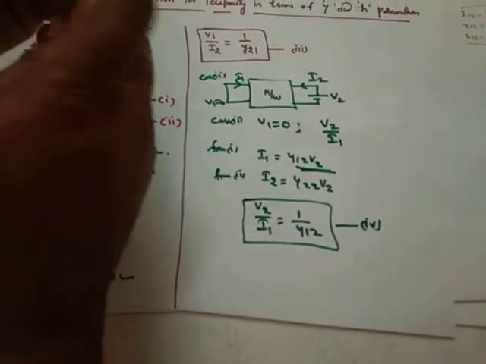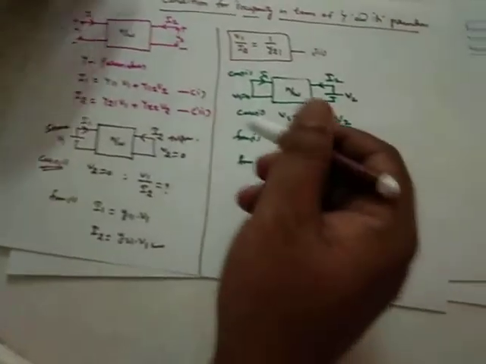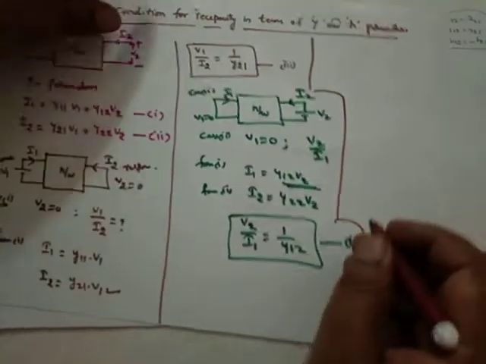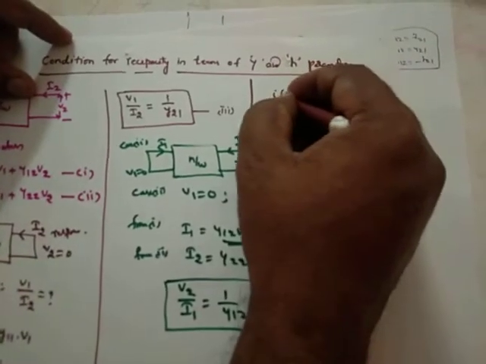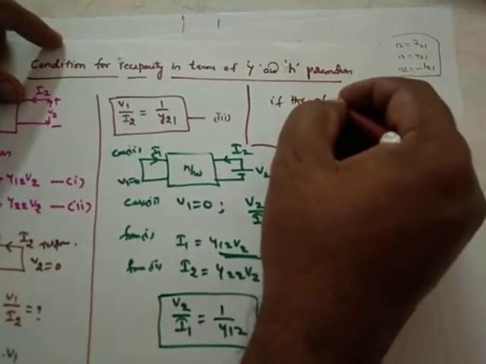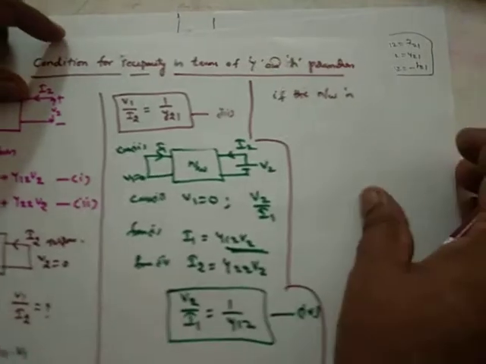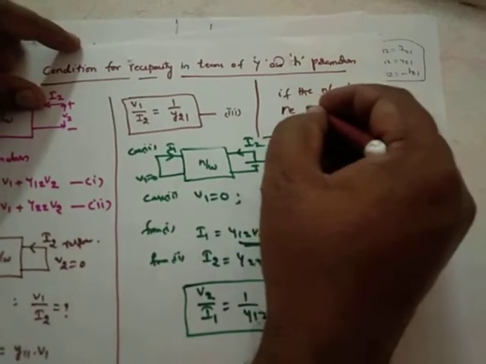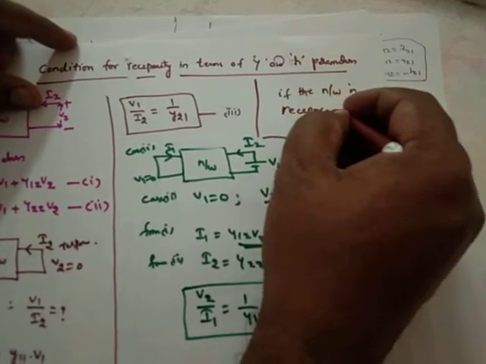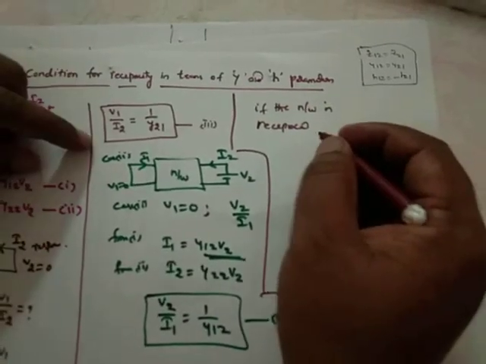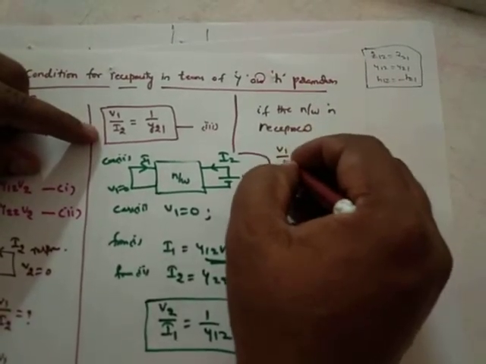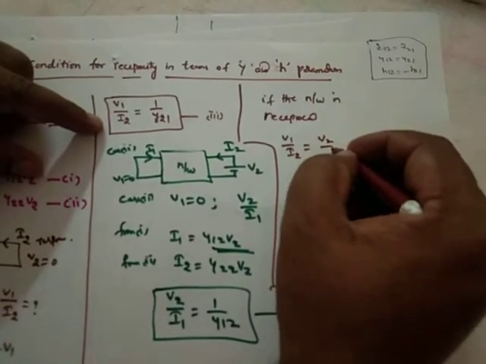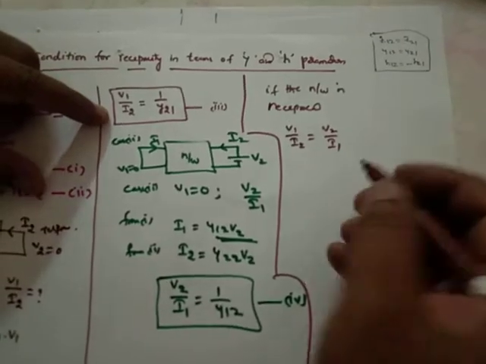So the condition is, if the network is reciprocal, then V1 by I2 is equal to V2 by I1.